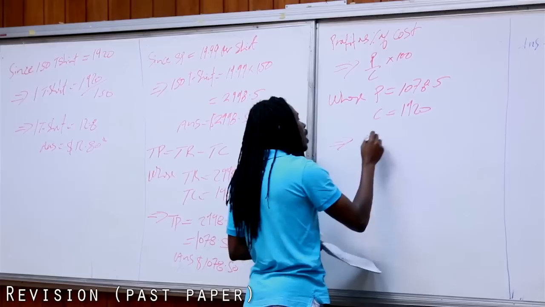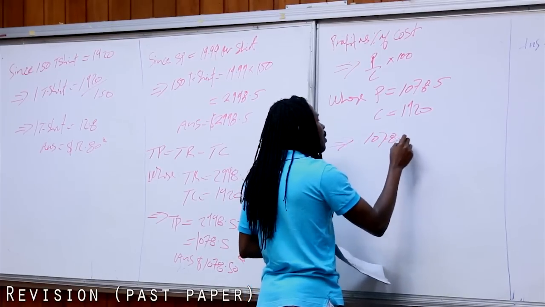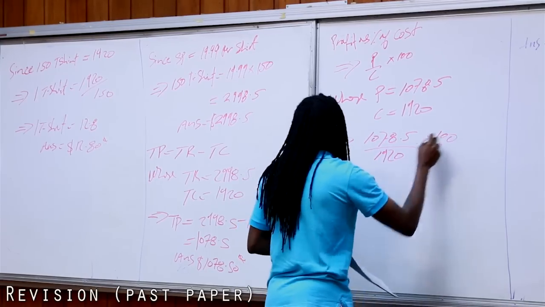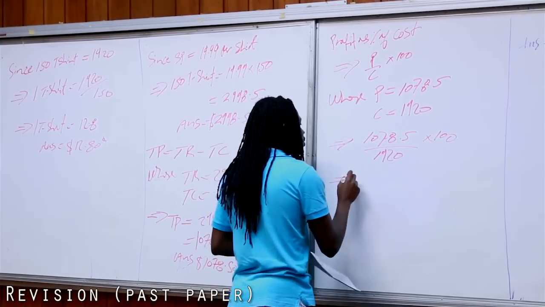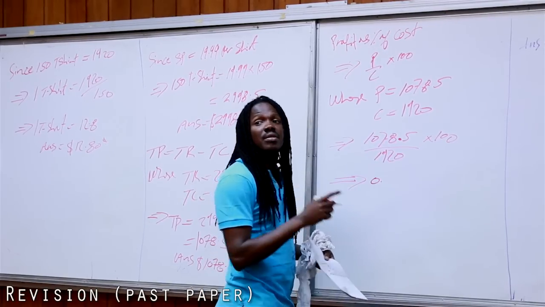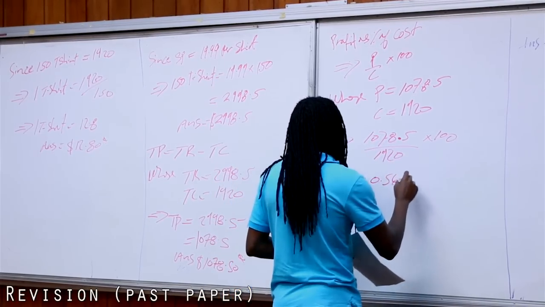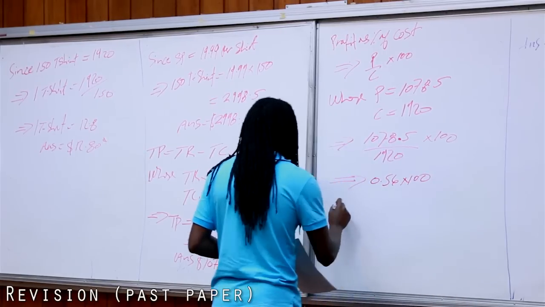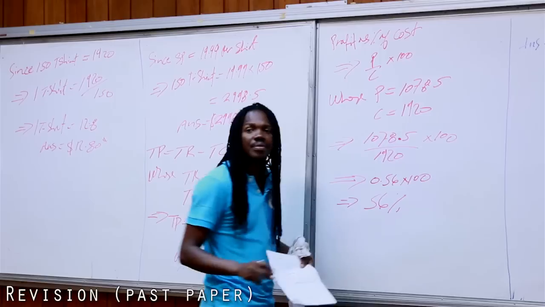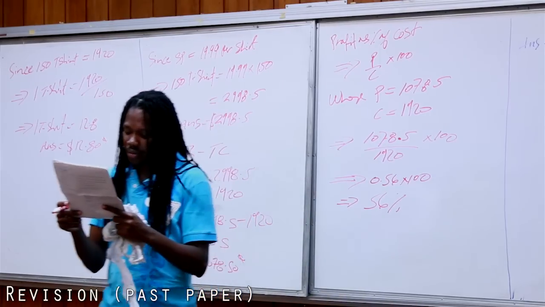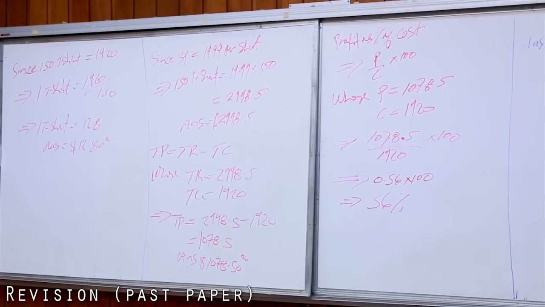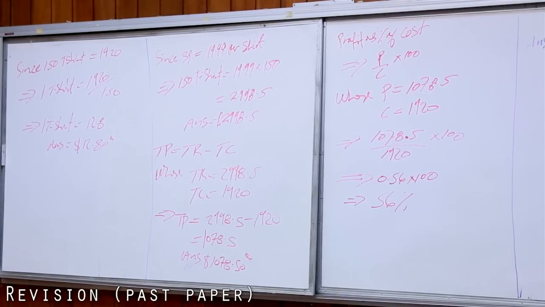This implies 1078.5 over 1920 times 100, which is 56%. That's 2 more marks. We're going 11 marks already.